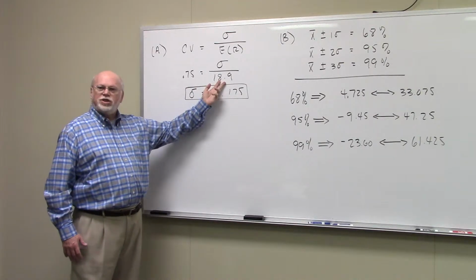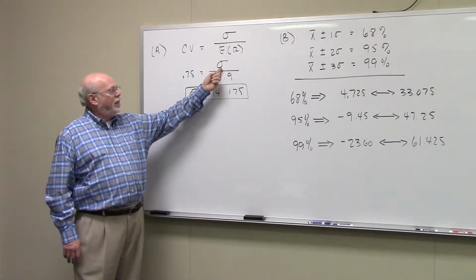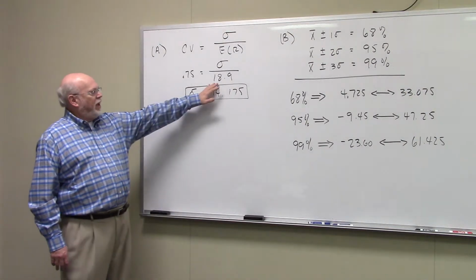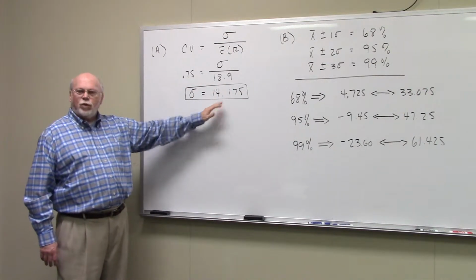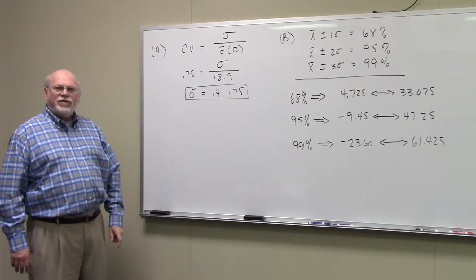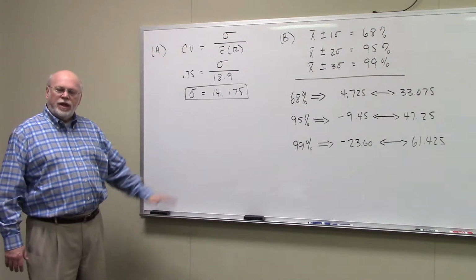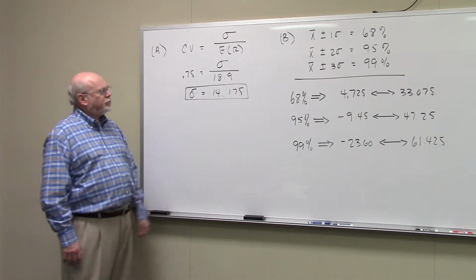They told us the expected return was 18.9. And so we're going to solve this equation for standard deviation. So 18.9 times 0.75 gives us 14.175 as the standard deviation for this asset. And that's the A part of this problem.